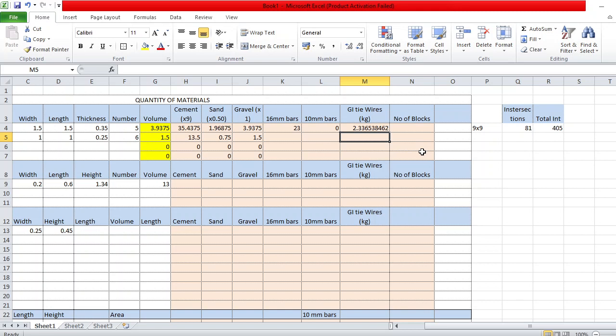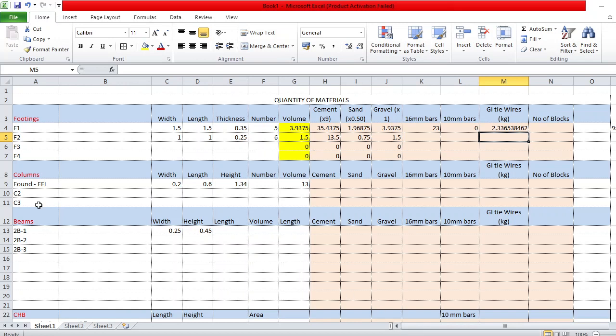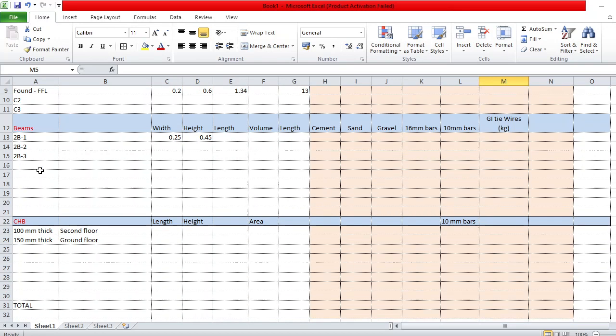computation. You use this table, determine the quantity and the computation for volume for your footings, your columns, and your beams. Now, pagdating dito sa beams, ang gagawin lang natin is to consider the spacing of your stirrups.